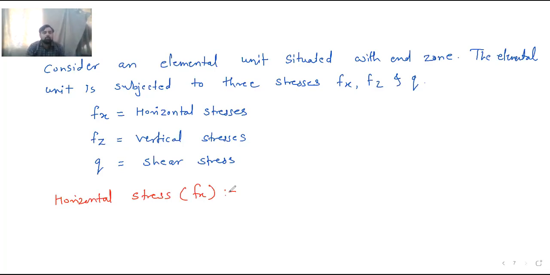Now in Magnel's method, we are going to see what the formula for the horizontal stress is, and how that formula comes. So now I will write further, horizontal stress Fx. This is the summary of what we have studied.